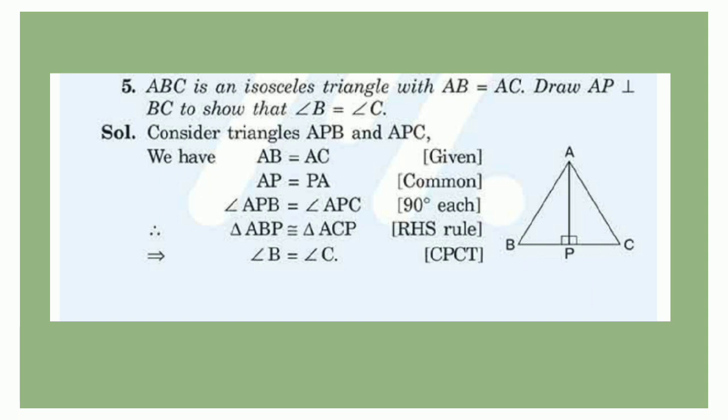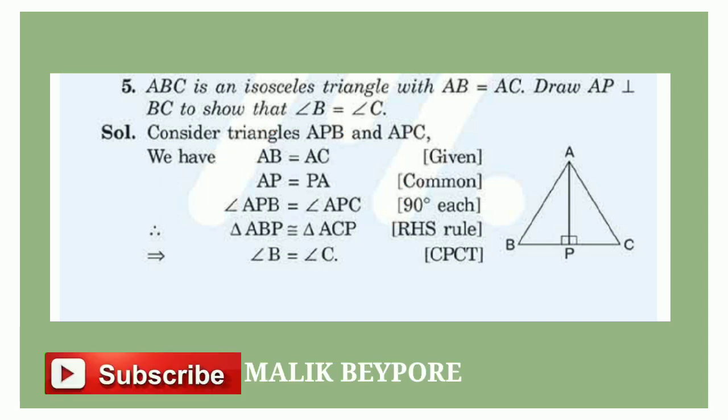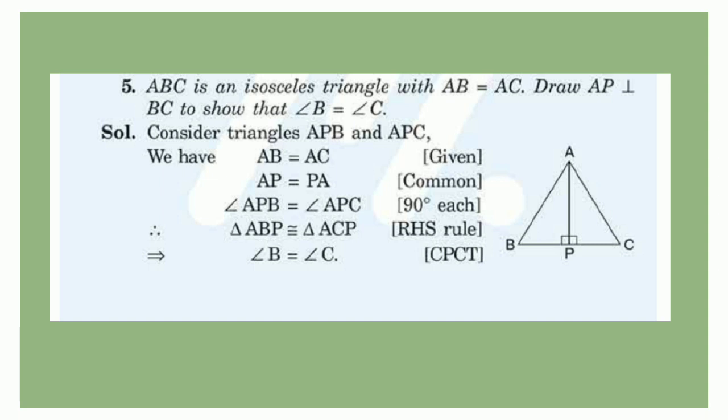So by using the RHS rule: AB equal to AC given, AP equal to AP common side, angle APB equal to angle APC, each 90 degrees. So triangle ABP is congruent to triangle ACP by the RHS rule. So we can say angle B equal to angle C by using corresponding parts of congruent triangles, or CPCT.